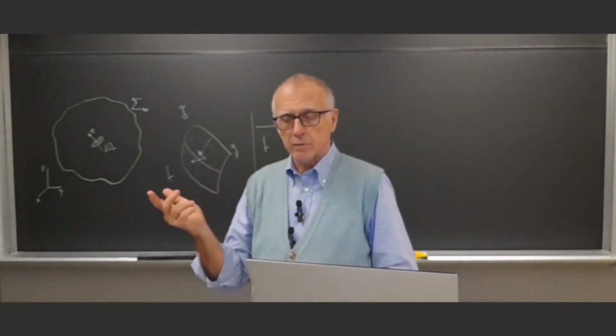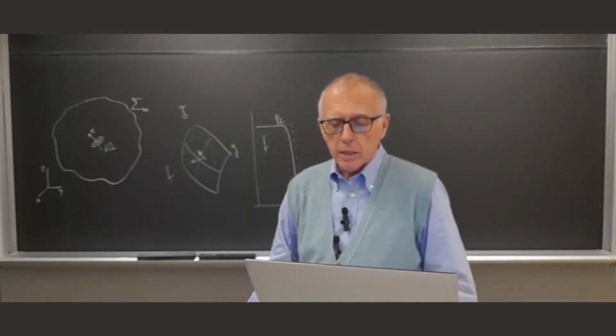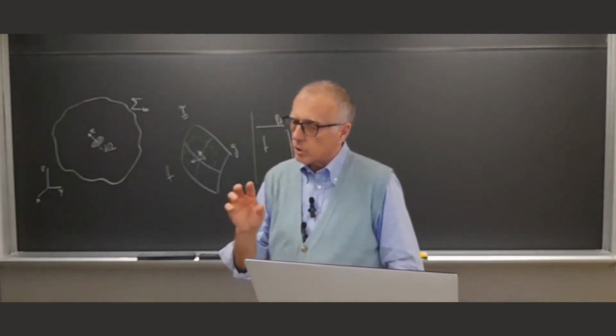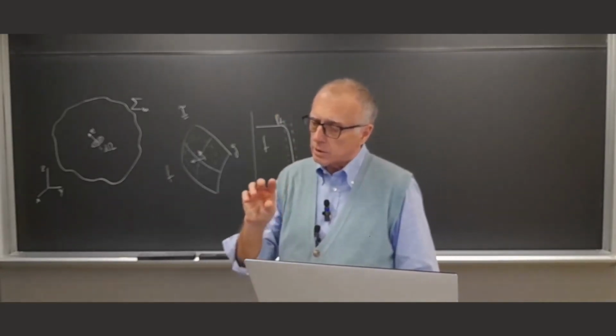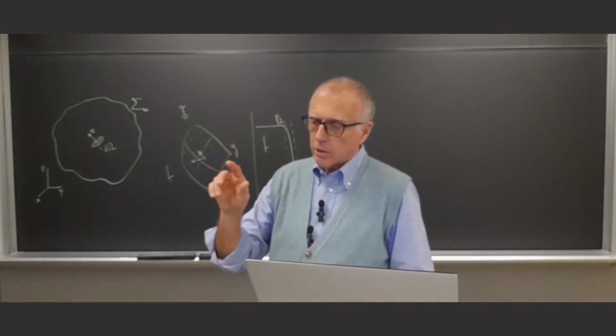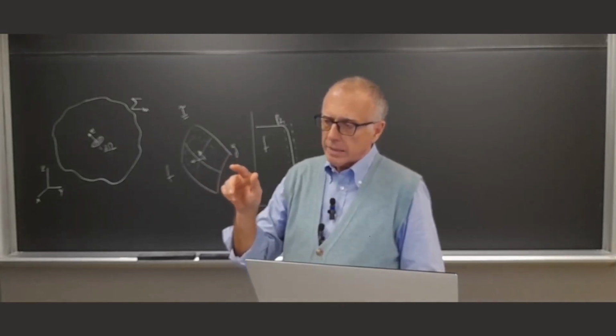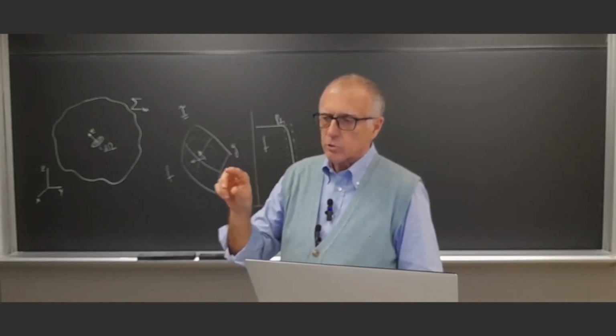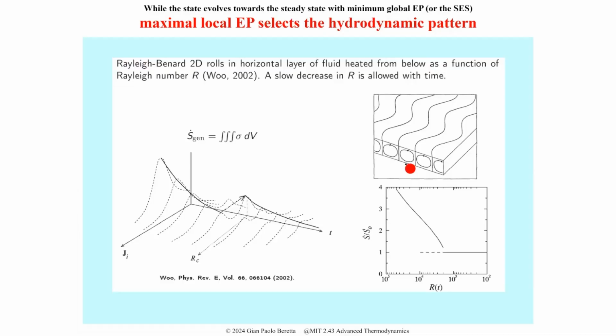It's more effective. So you see here it is a situation in which structure gets built in order to make the entropy production more effective. And in this paper, you view it from the point of view of maximum entropy production.